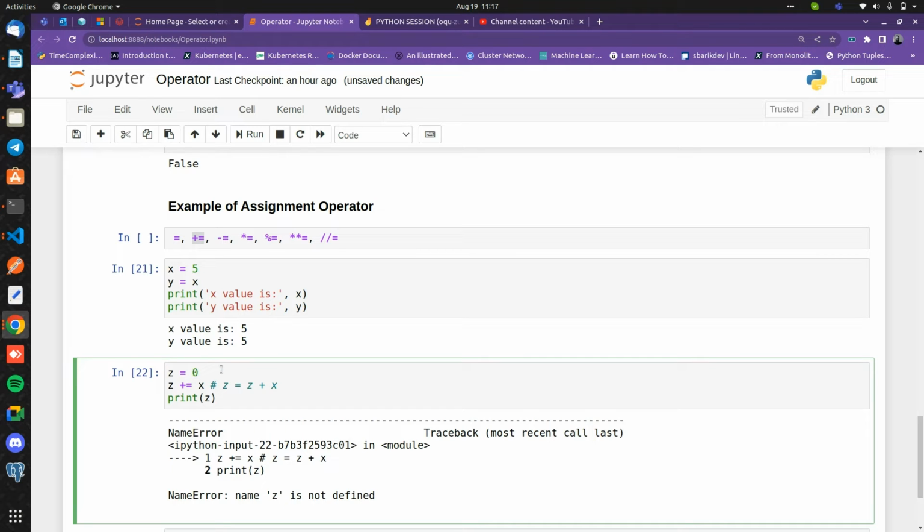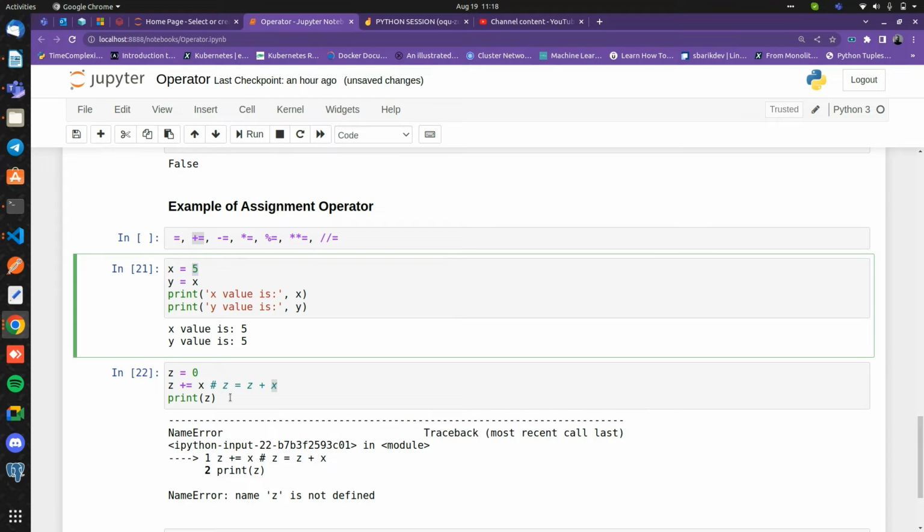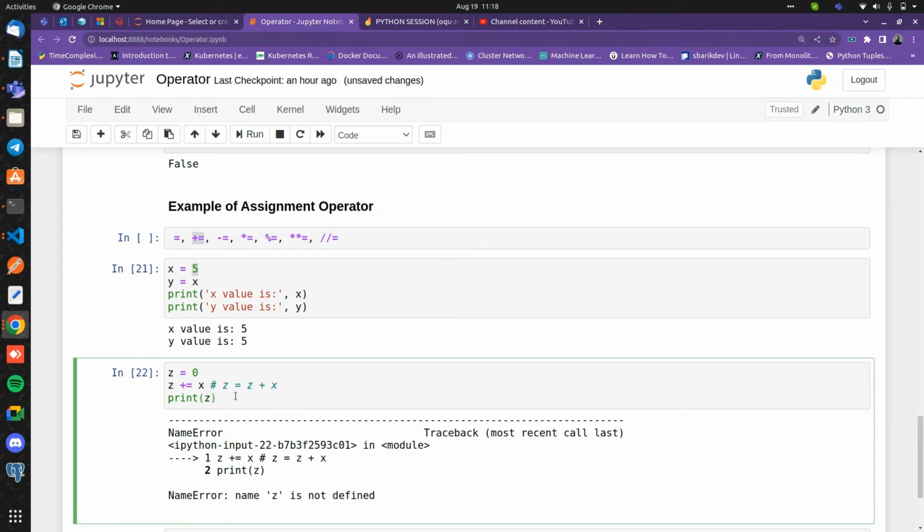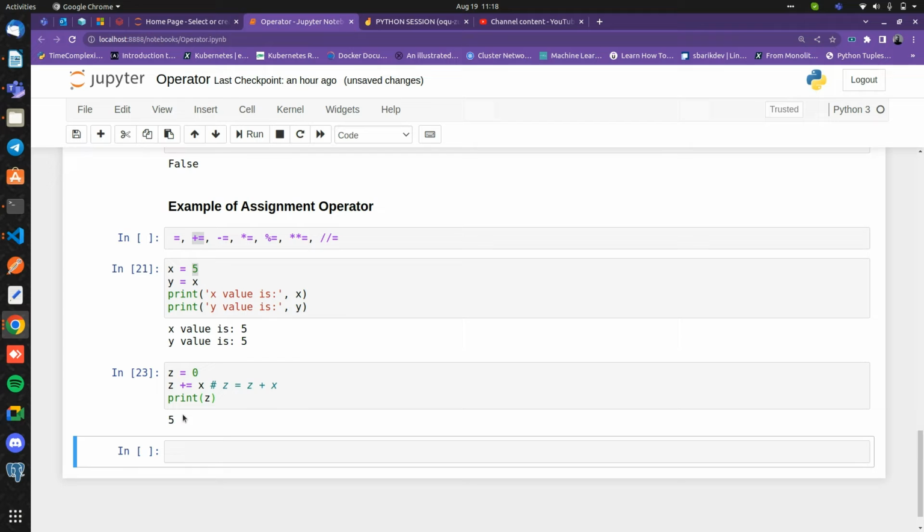Then it will be treated as z equal to z plus x. So z value is 0, and 0 plus x, where x value is 5, so it will print the z value as 5. We treat plus equal to as z equal to z plus x.